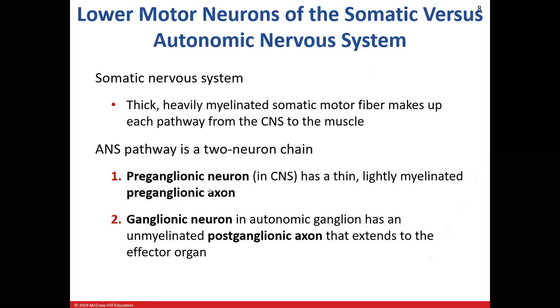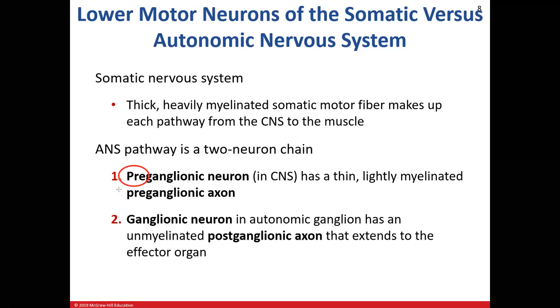Now, these terms here are going to be relatively easy to understand once you understand the prefix and the suffix part of the term. When you look at the autonomic nervous system, we're always going to be synapsing within a ganglion. So the preganglionic neuron is going to be the neuron that's before the ganglion, therefore the pre-component of it.